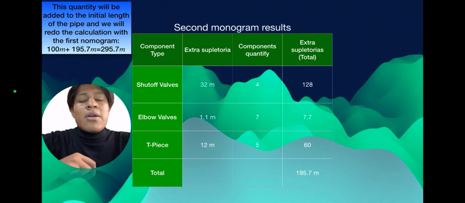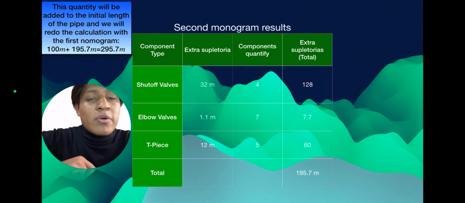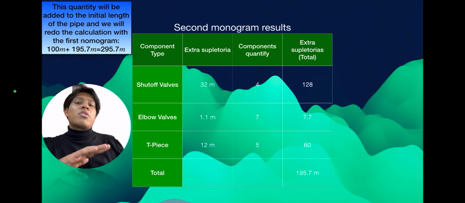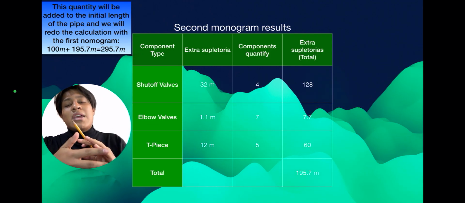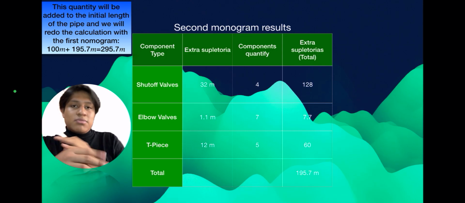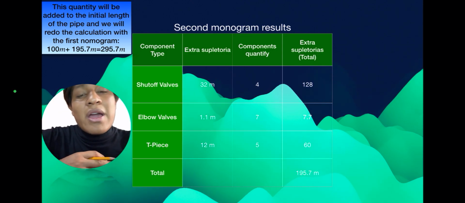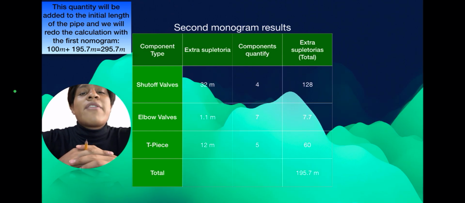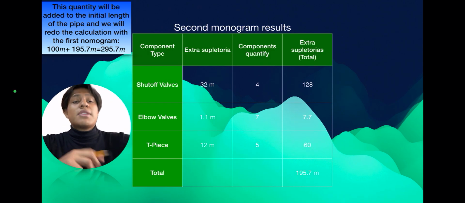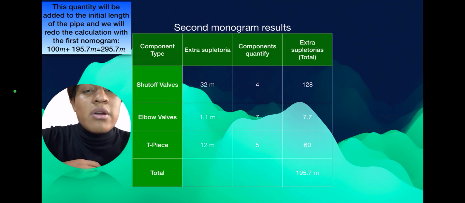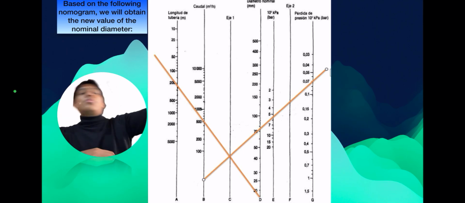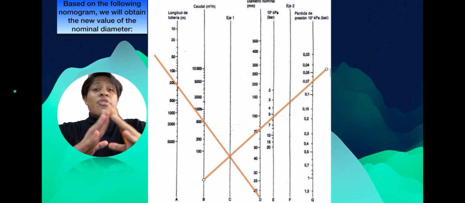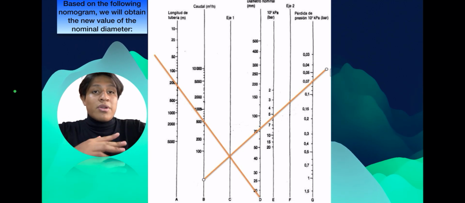Making the calculation, we have 195.7 meters. This result we're going to add to the first one, that is 100 meters. So we have a result of 295.7 meters.